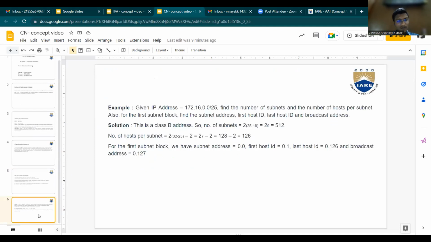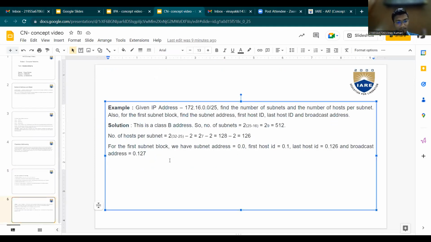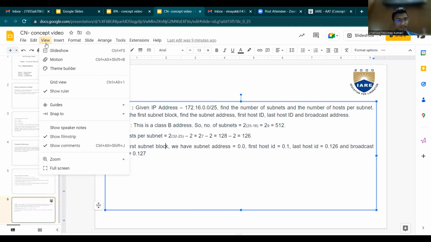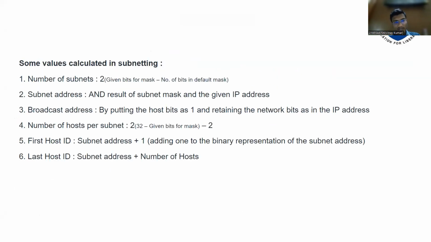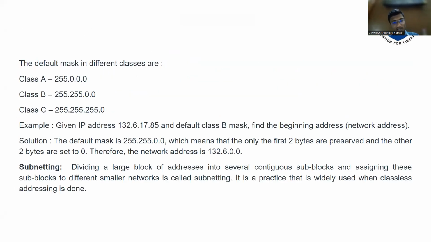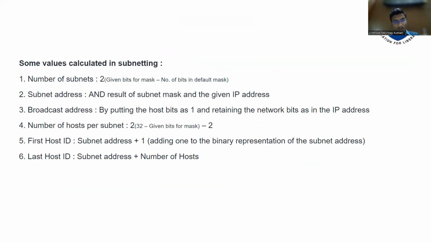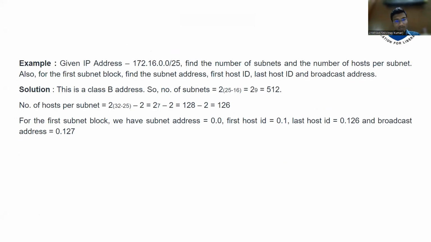That's it. For the last example, here 172.16.0.0, the last two bytes are 0, and from the first two bytes we can understand that it is a Class B address.